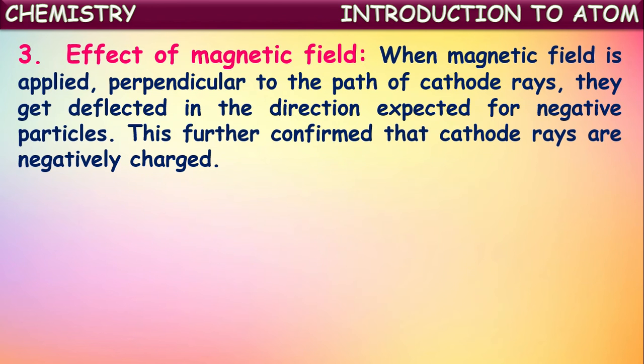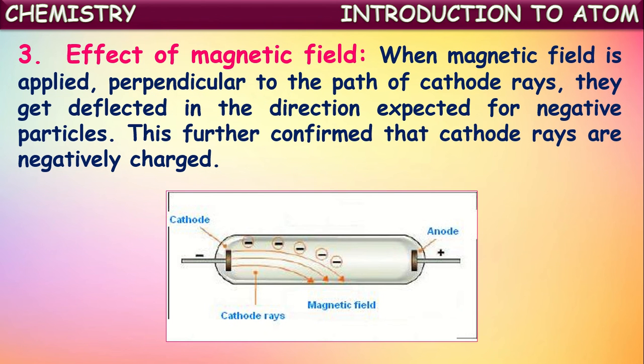Next property: the effect of a magnetic field on the cathode rays. When a magnetic field is applied perpendicular to the path of cathode rays, instead of an electric field, they get deflected in the direction we expect for negative particles. In the same way, these cathode ray particles are deflected towards one of the sides of the magnetic field.